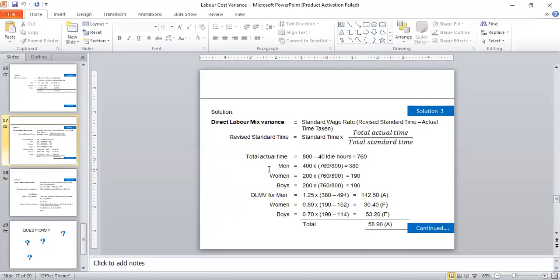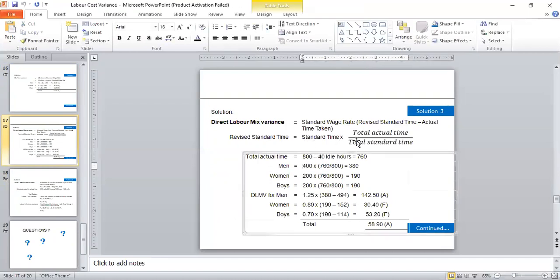For the men, standard time is 400 hours, total actual time they have worked is 760, and total standard time is 800. Calculating this, we have got the revised standard time 380.